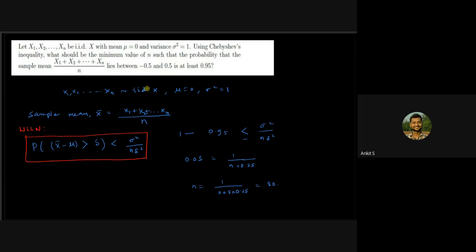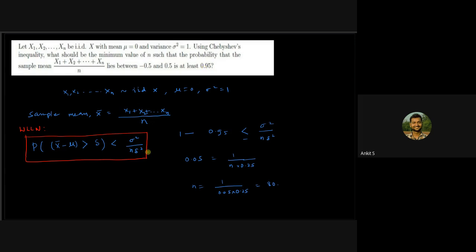If you have a large value of n, then it will be less variable. So that's why it is asking what's the minimum value of n for which it should lie between this. And the probability is at least 0.95, it means it has a very high probability of lying between these 2 points.